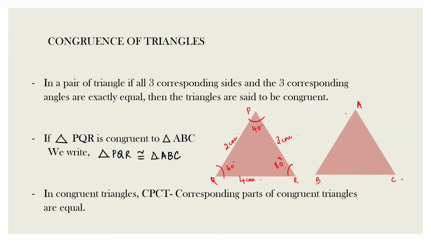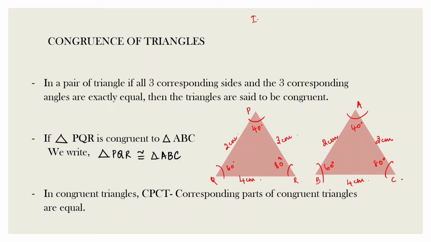Now in triangle ABC, let's say that AB is 2 cm, AC is 3 cm, BC is 4 cm, angle A equals 40 degrees, angle B equals 60 degrees and angle C equals 80 degrees. Now let's compare the triangles PQR and ABC. First, let's take the sides.